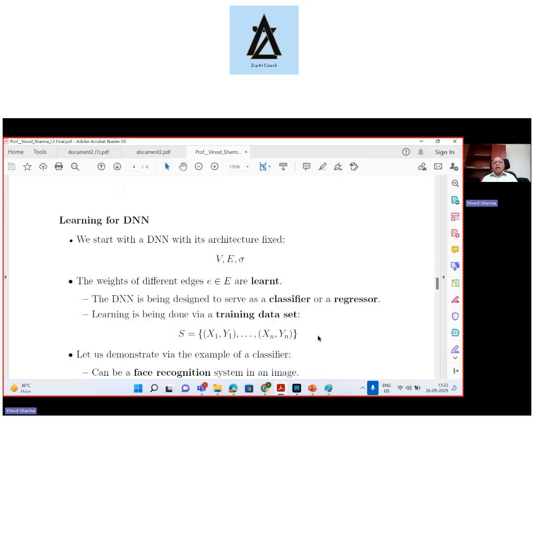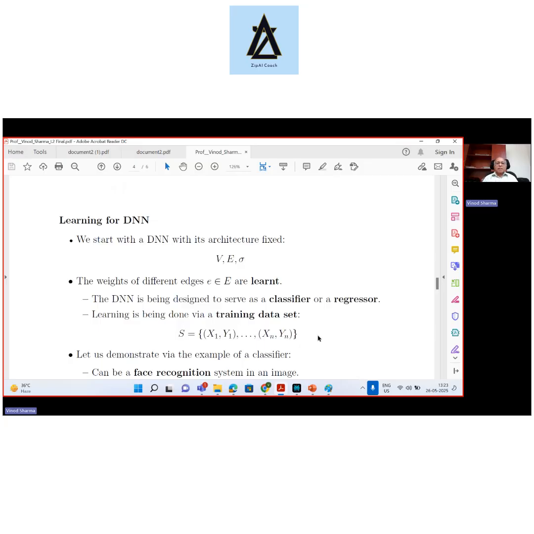So if I have X1, Y1 to Xn, Yn training data, that means I have n images, and corresponding to each one of these images there is the name of the person photographed in that image. So Xi is an image which has the photo of person Yi. These are given to us as training data.